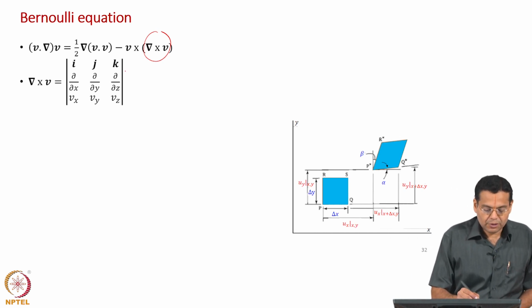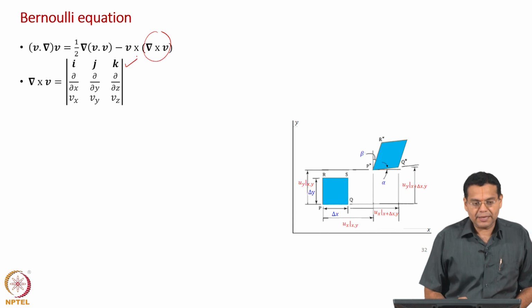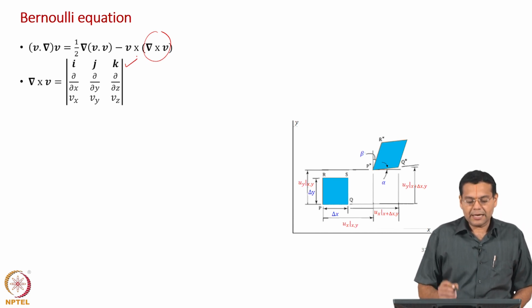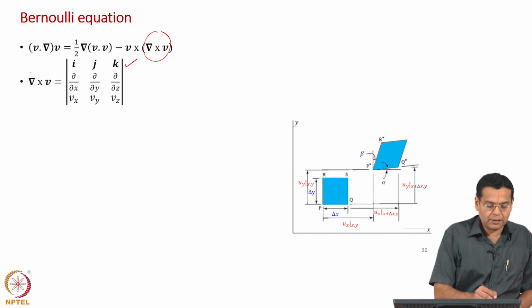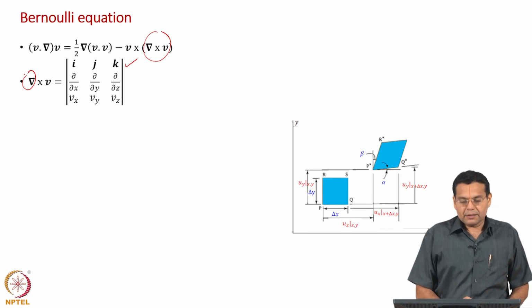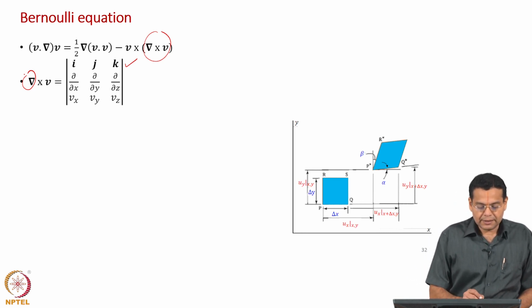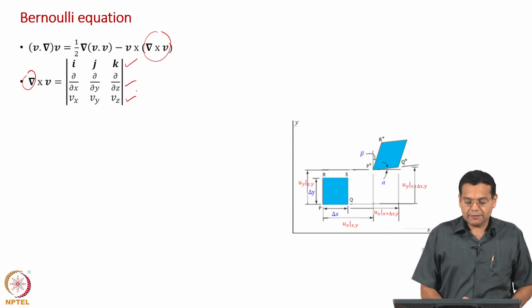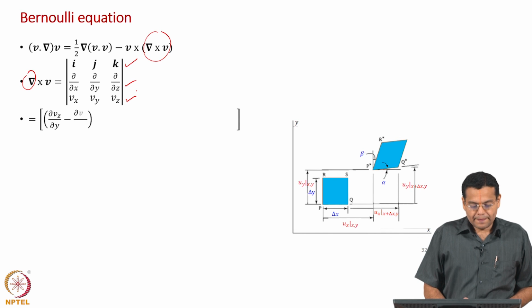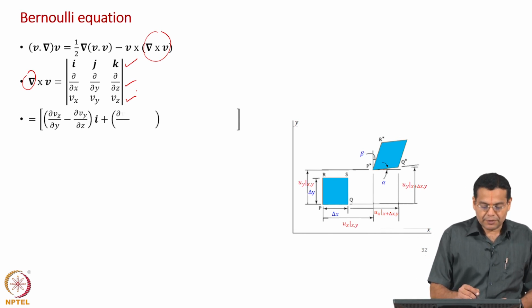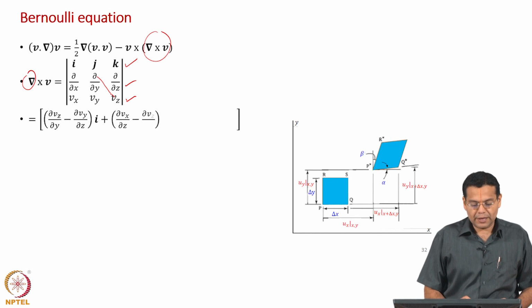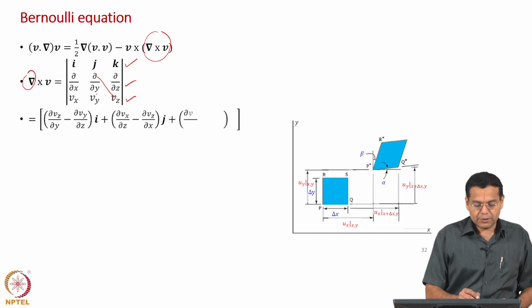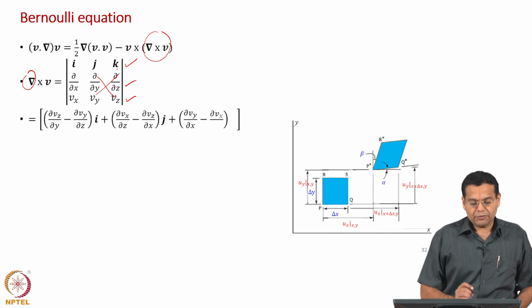So, you know the cross product can be expressed in terms of this determinant. The first row is i, j, k, then we have dou by dou x, dou by dou y and dou by dou z representing the components of the gradient vector, and then the last row represents components of the velocity vector. Okay. So, now let us expand this determinant. The first term we have dou v z by dou y minus dou v y by dou z and of course, the i vector.